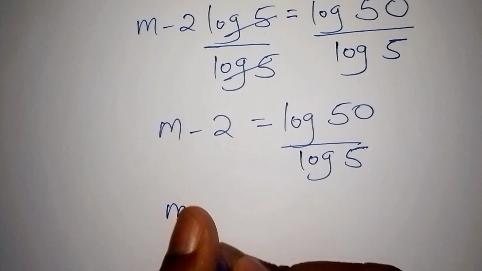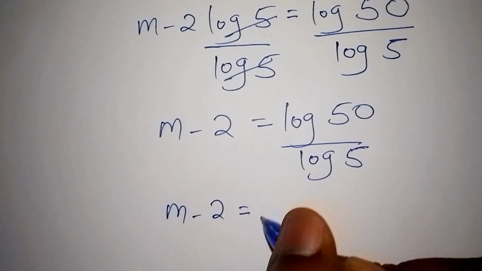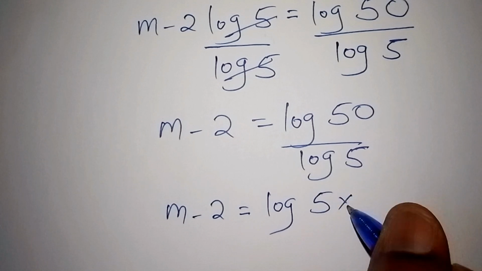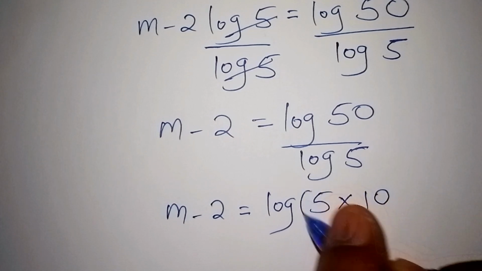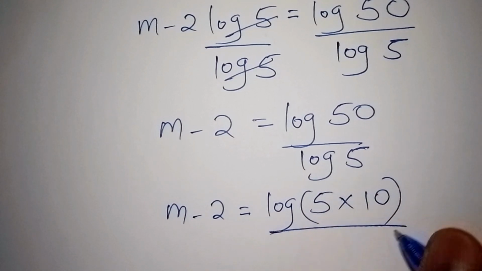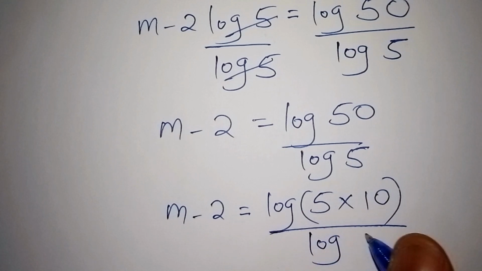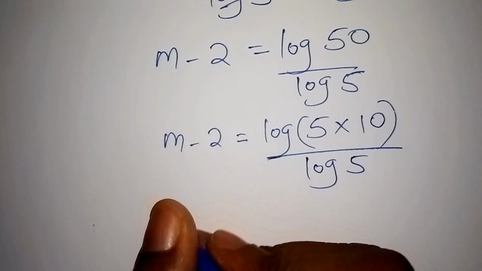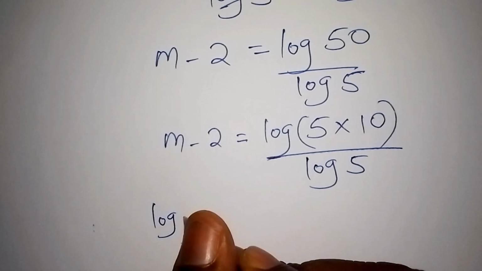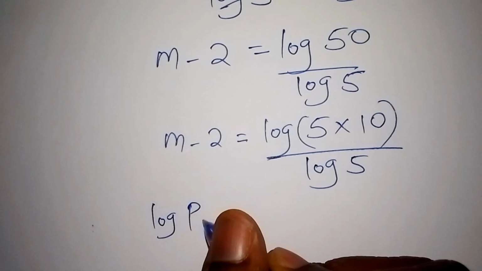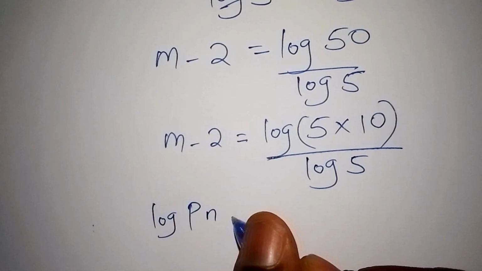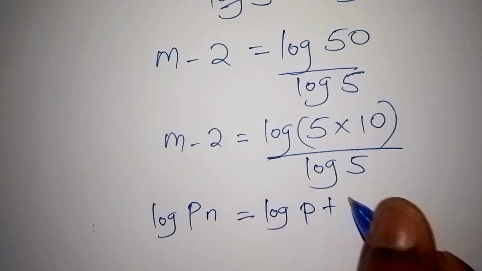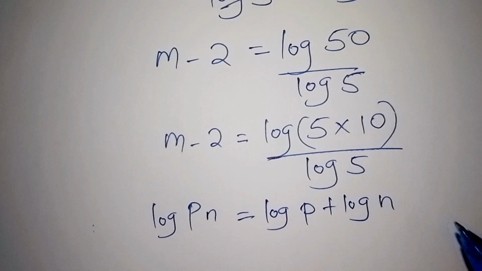Now our m minus 2 is equal to the log of 50, which can also be written as the log of 5 multiplied by 10, in brackets, all over the log of 5. Suppose we have something like the log of p and n, this shall be written as the log of p plus the log of n.